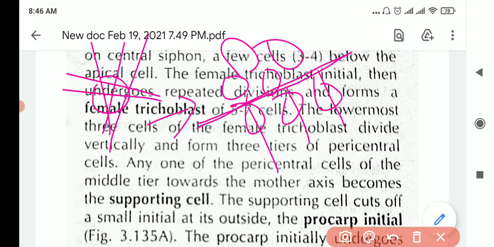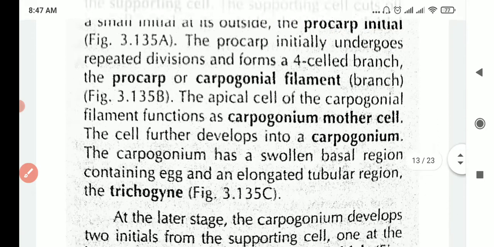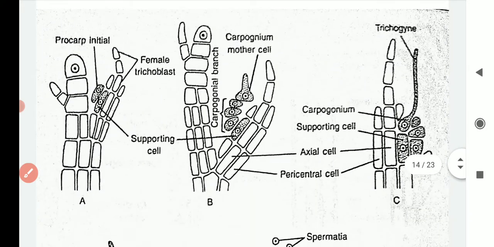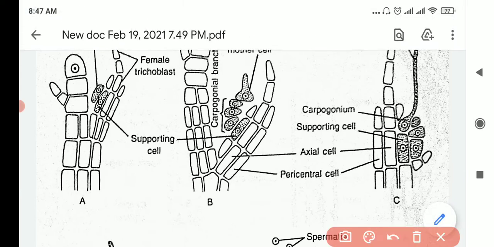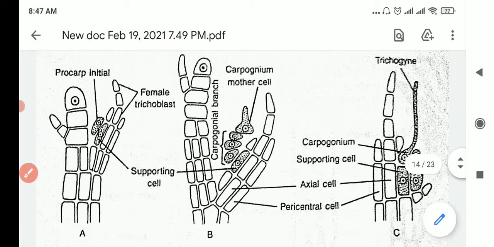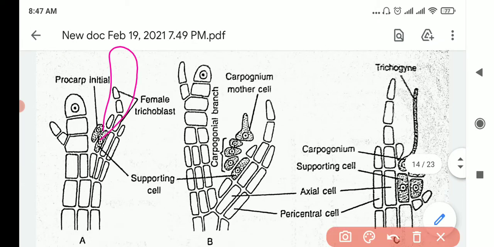They will divide this way and form 3 tiers of pericentral cells. I think if we look at the image, it'll be easier. See here, this is the female trichoblast or the short filament. Now, these are the apical cells.